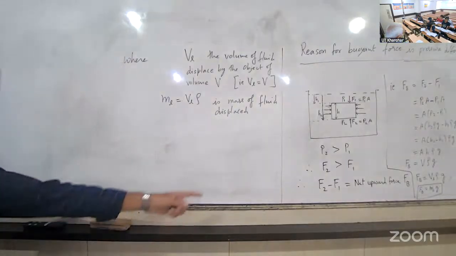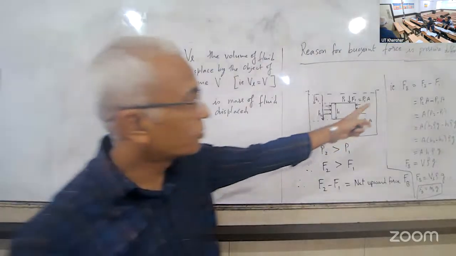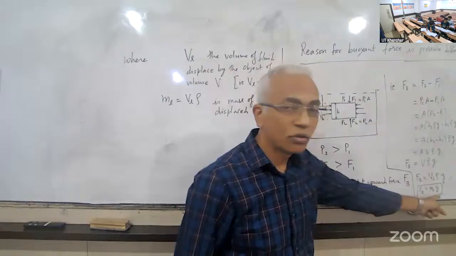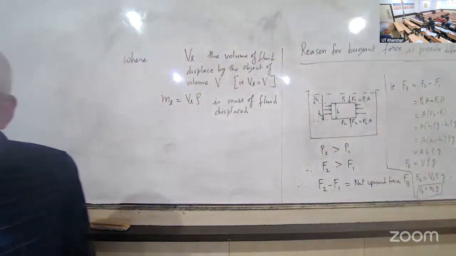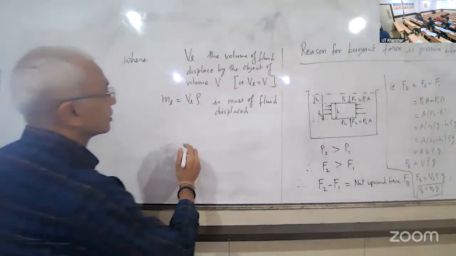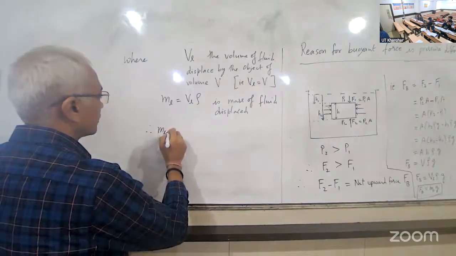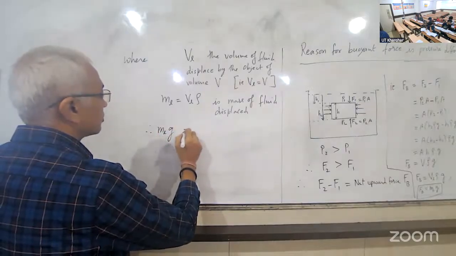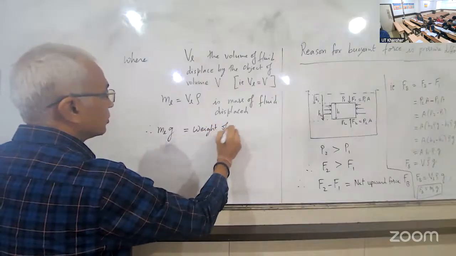तो प्रूव हो गया ना हमारा आर्किमिडीज प्रिंसिपल वेरीफाई हो गया. ये जो अपथ्रस्ट है किसके बराबर है? It is equal to mass or weight of fluid displaced. Therefore mLg is equal to weight of fluid displaced.